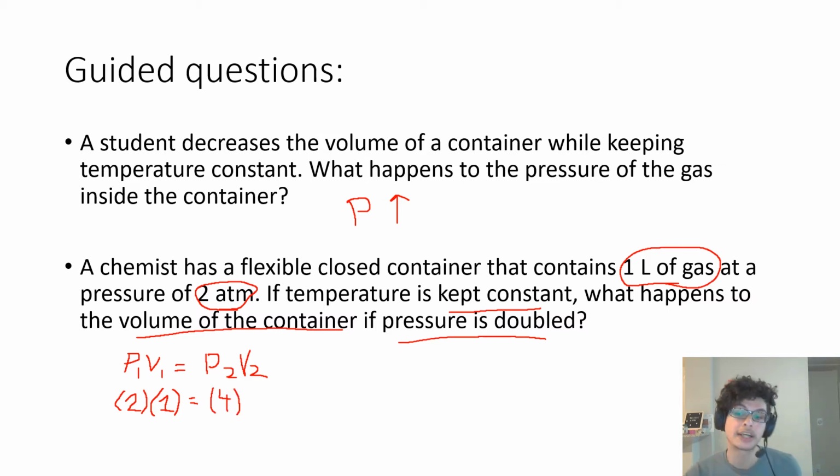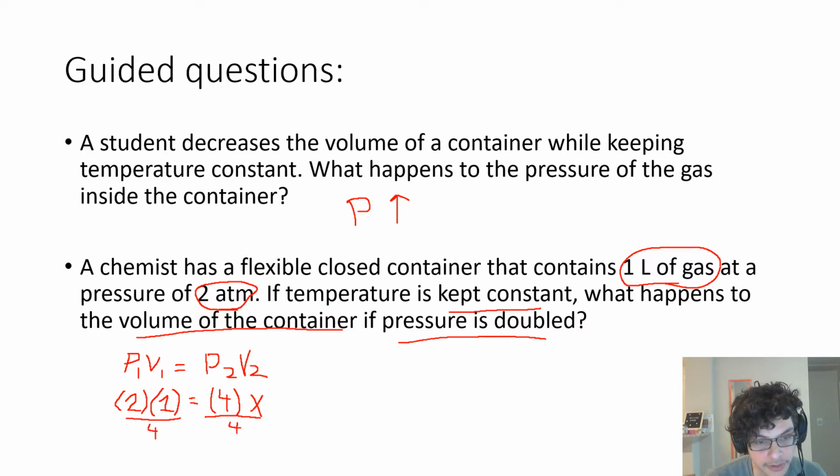And then we're not given our final volume. Since we don't know that, I'm going to put in an X for V2, our final volume, which means we now need to solve for X. Using some algebra here, if you're solving for X, you've got to make sure it's all by itself. If there's a 4 in front of X, we've got to get rid of that. The opposite of 4 times X is dividing by 4.